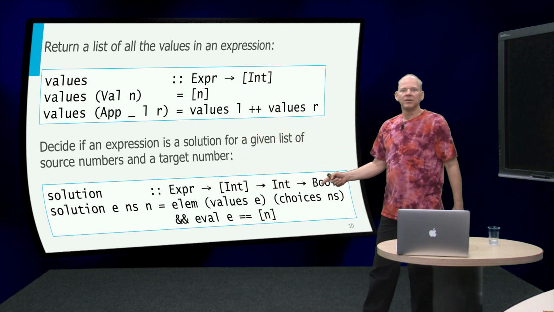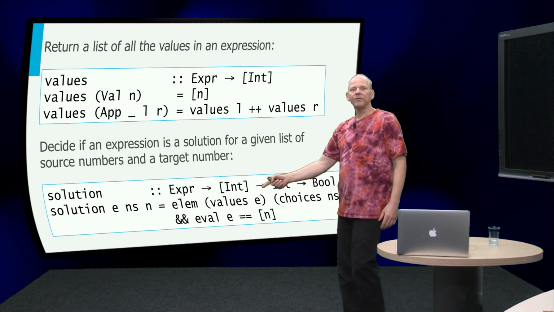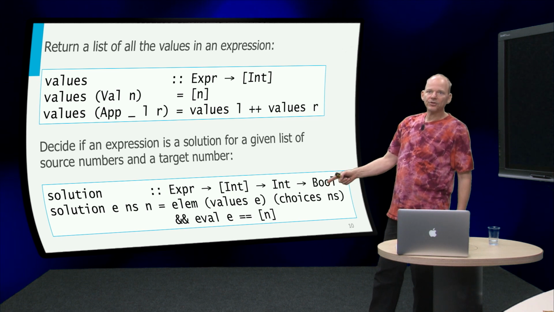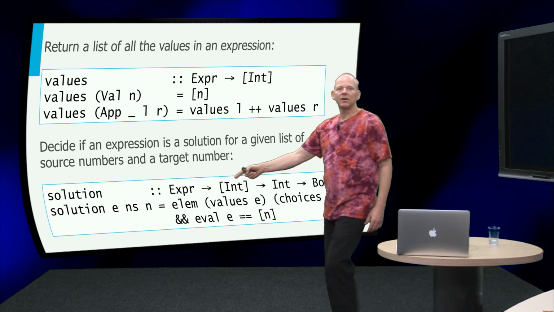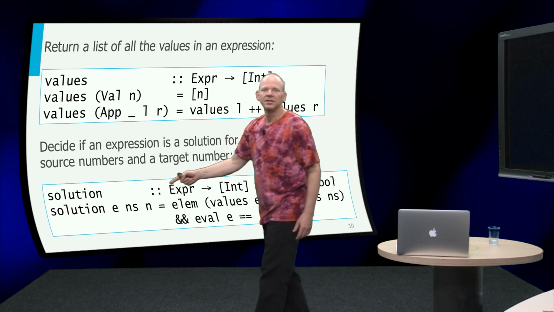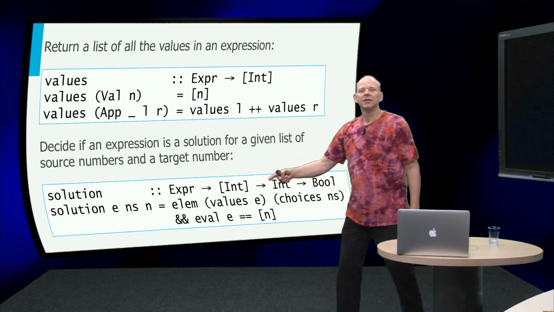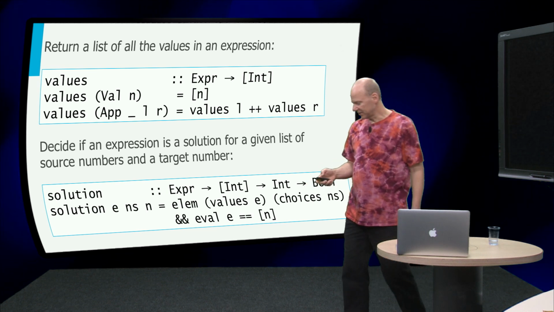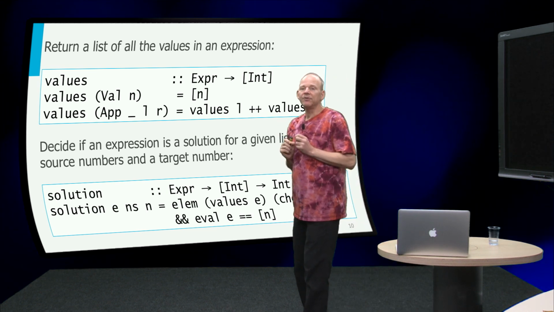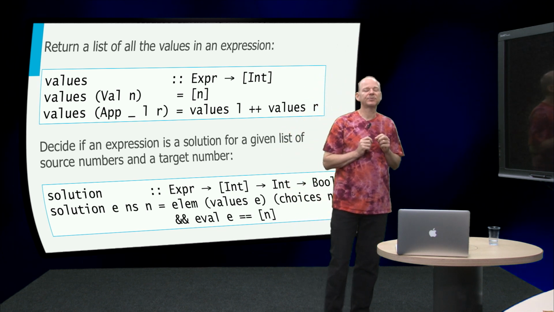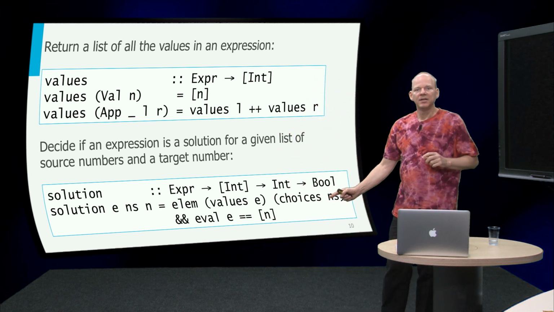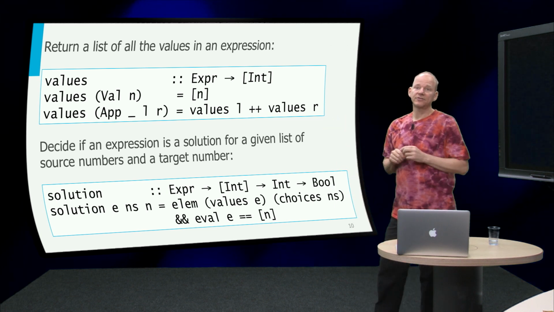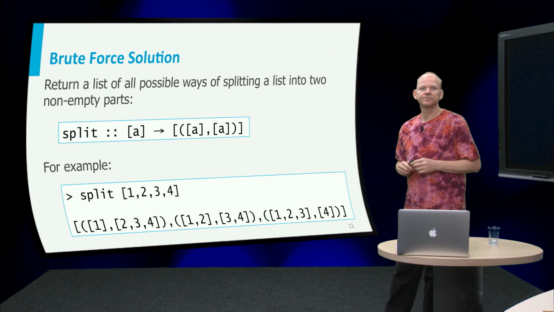And then, when we take all the values in that expression, that list must be a member of the list of all the possible choices from the input numbers. So if you go back to the English description of the countdown problem, you will see that this is a very nice direct translation of that definition.